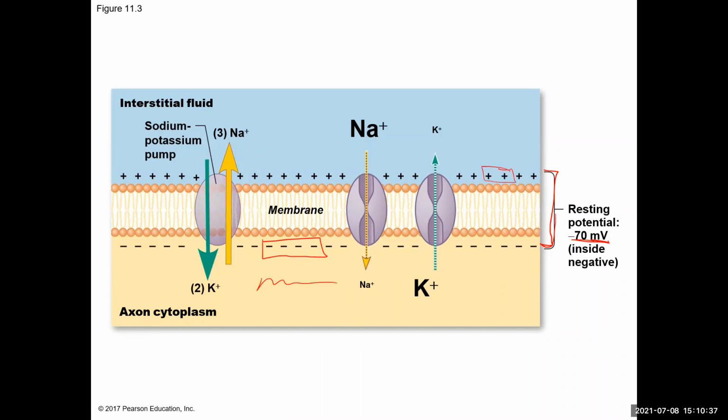The area outside of the membrane is positive. And again, that's set up by that sodium-potassium pump, because 3 sodiums are pushed out and 2 potassiums are brought in. So that leaves a net negative charge inside and a net positive charge outside across the membrane. Now the difference here is about minus 70 millivolts. That's the resting potential.